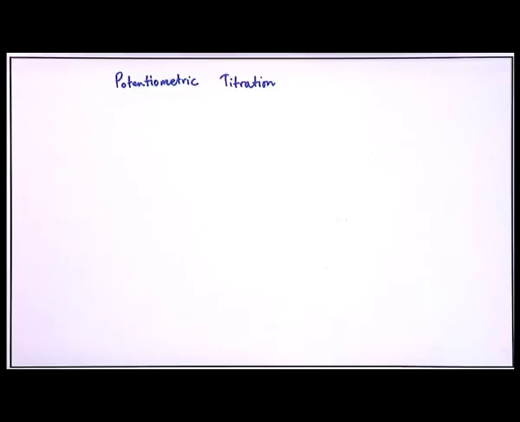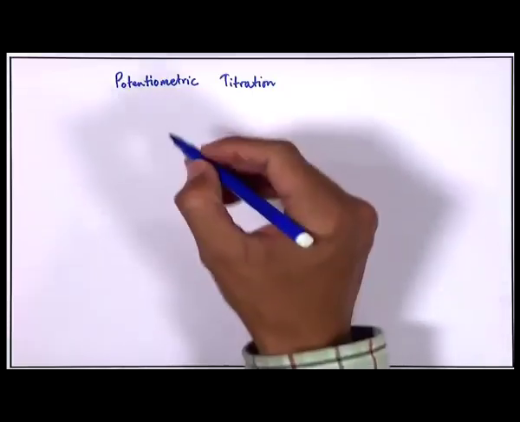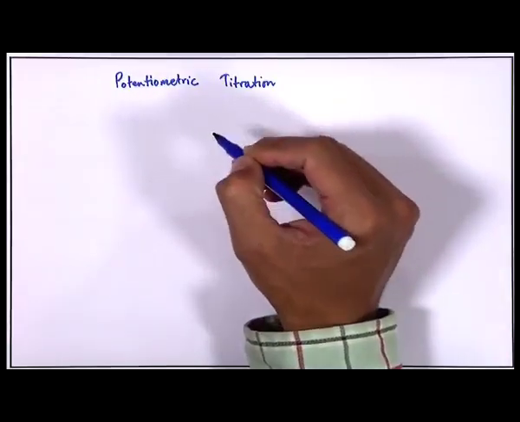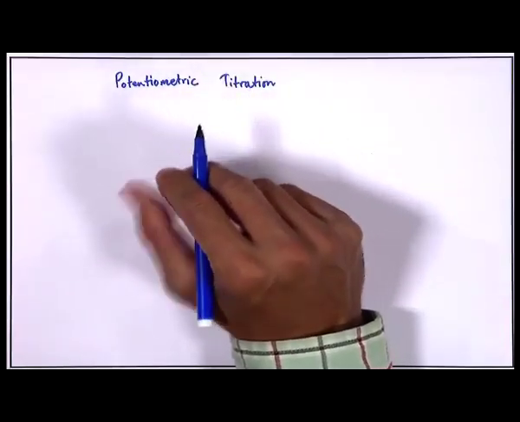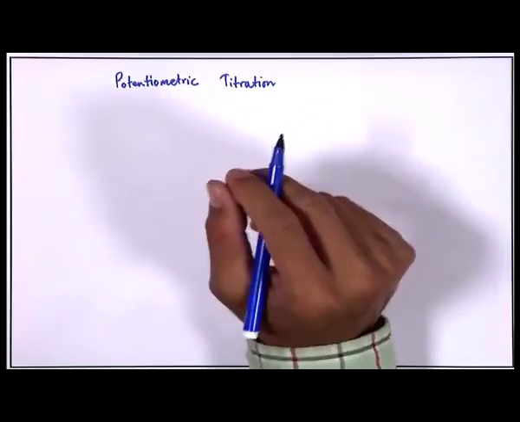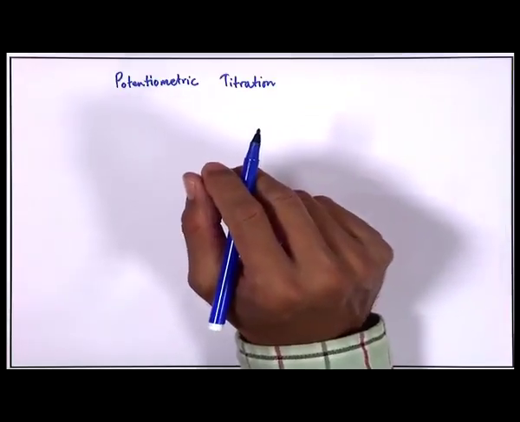That means you construct a cell, and within one of the two half cells you carry out some titration reaction, and as a result of addition of your titer, the concentration of the reactant is getting changed as a result of dropwise addition of your titer.